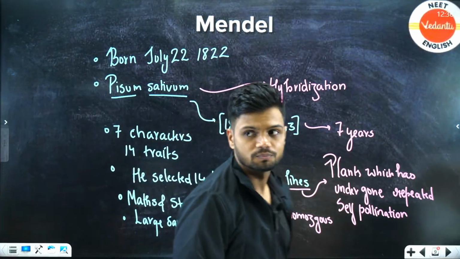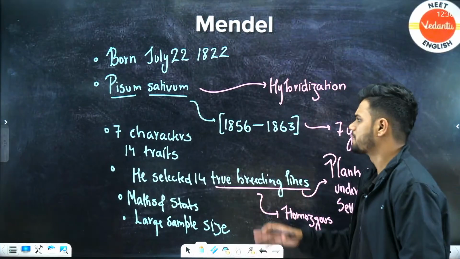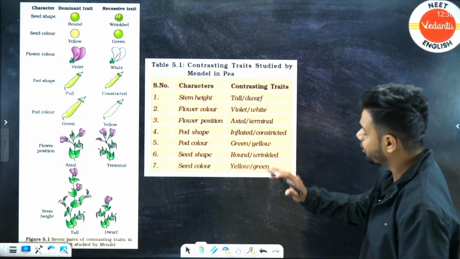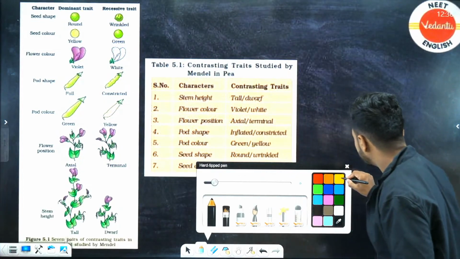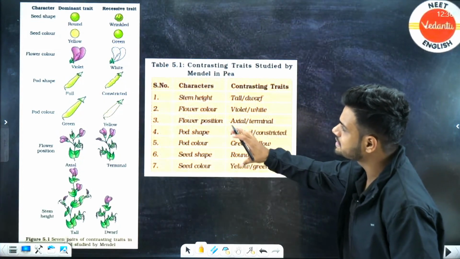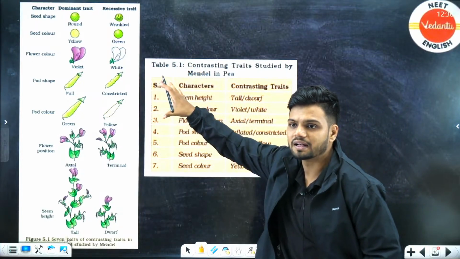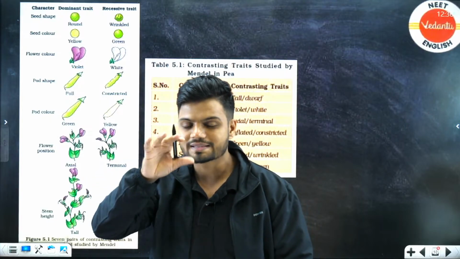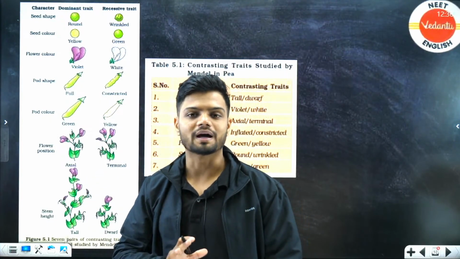Now, is Mendel clear? That is about your Mendel. Now here are all the different types of characters and traits which Mendel took into consideration. For example, students, how will the question be asked here?